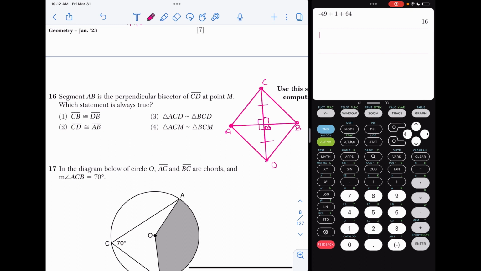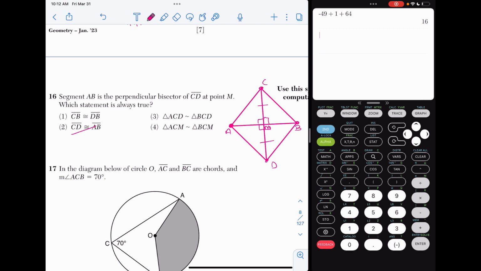CD is congruent to AB. That might be the case, but I don't have enough reason to back that up, so I'm going to cross off choice 2. Choice 3 and 4 are talking about similar triangles. So triangle ACD is similar to triangle BCD.